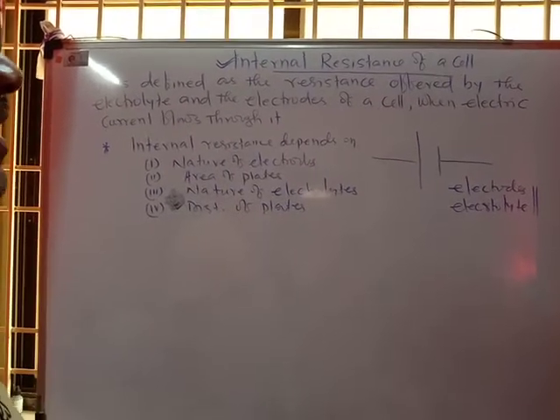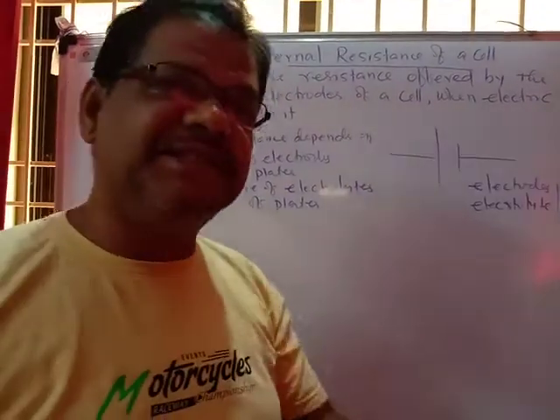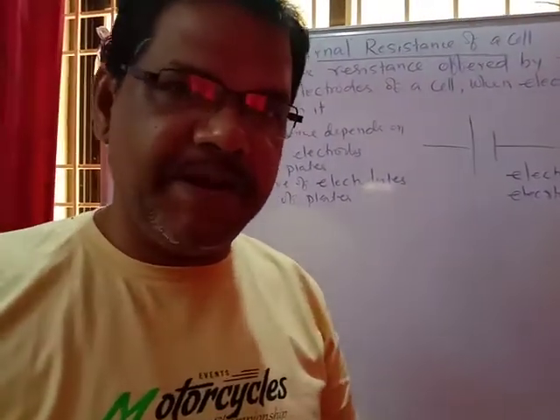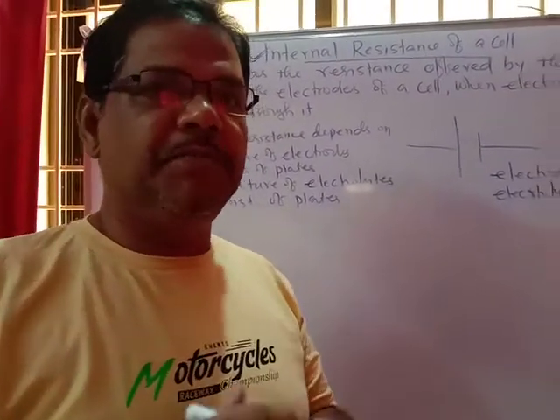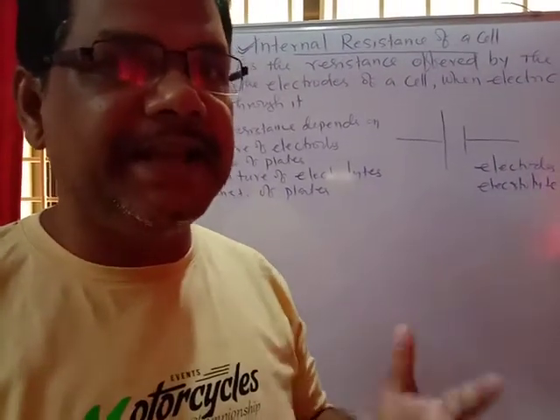So the resistance offered by the electrodes and electrolyte of the cell is called the internal resistance of a cell. The internal resistance is very low for a freshly prepared cell. If the cell is new, the internal resistance is very small. If you use the cell more and more, the internal resistance gradually increases.